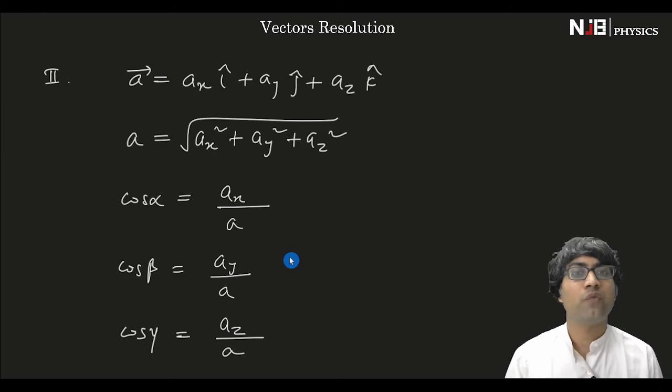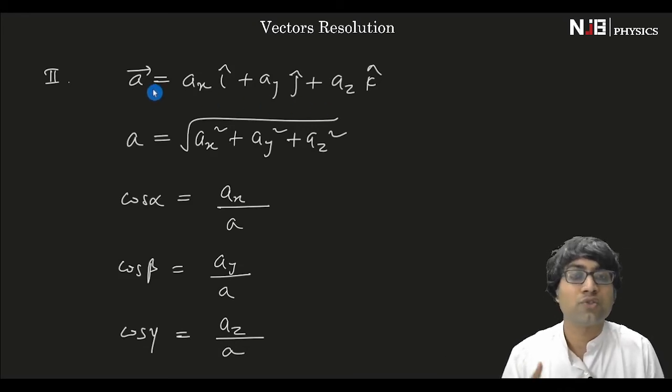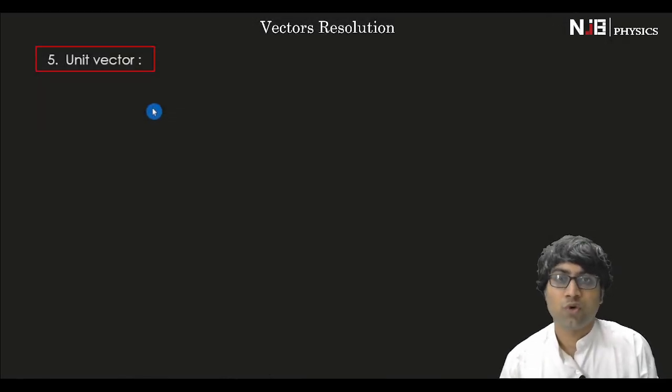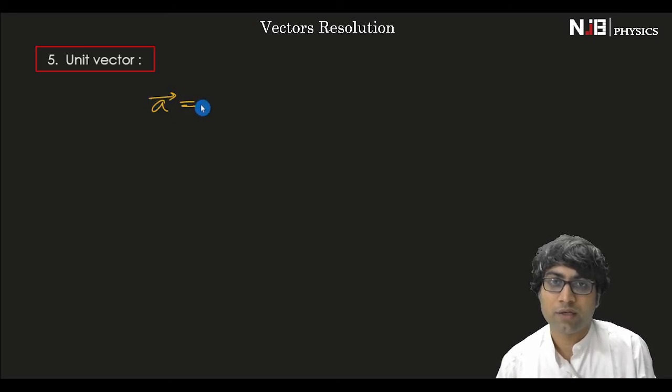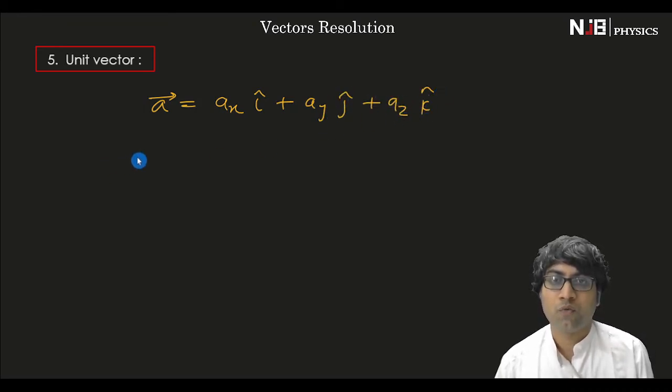And there is one more way in which we can express the direction of the vector. We can express the direction of the vector in the form of a unit vector. So if we have a vector written in the component form, how to write the unit vector in the direction of a vector? Let's talk about that. So if we have a vector a equal to ax i cap plus ay j cap plus az k cap, what is the unit vector in the direction of a vector?